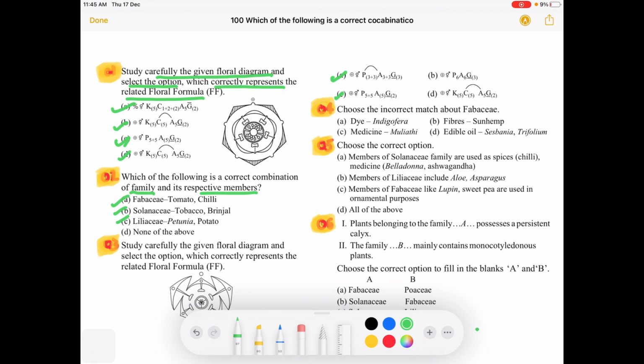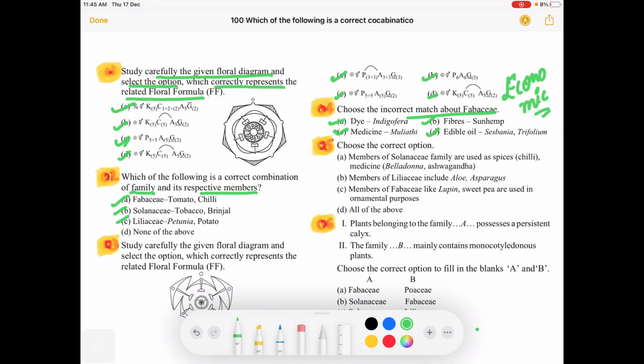Option A, option B, option C, option D. Now choose the incorrect match about Fabaceae, because that is your homework. You have to draw Fabaceae on your own. So incorrect match: dye, indigofera, medicine, mulethi, fibers, sun hemp, edible oil, sesbania, and trifolium. Once you read the economic importance, you will get this answer very easily.